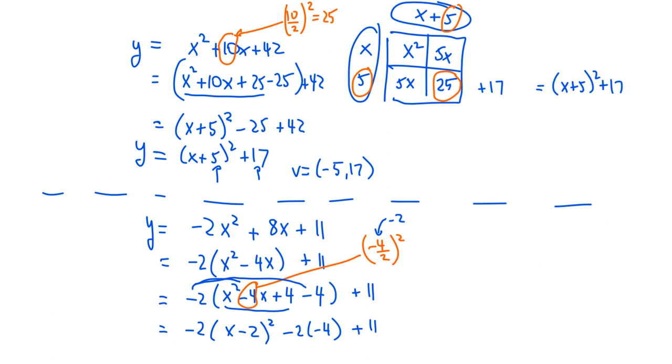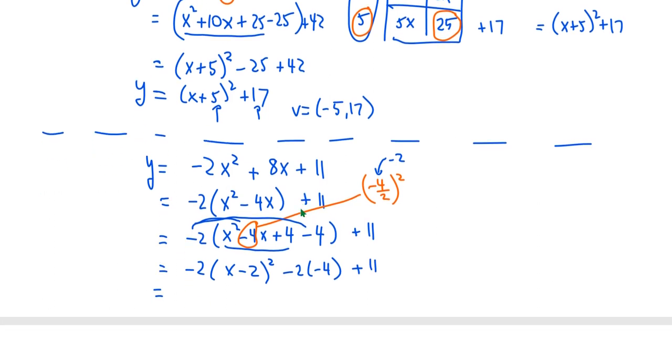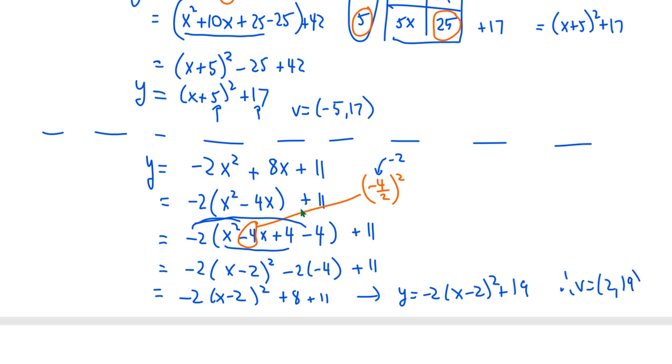And then I have my plus 11 from before, and that's -2 times (x - 2) squared plus 8 plus 11, which is y equals -2(x - 2) squared plus 19. And so the vertex is (2, 19).